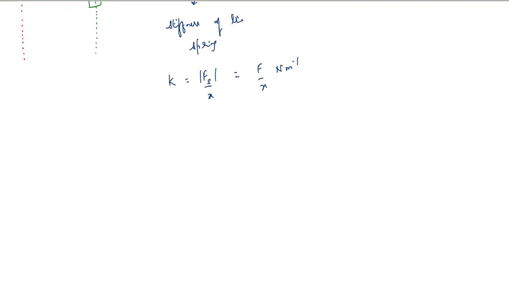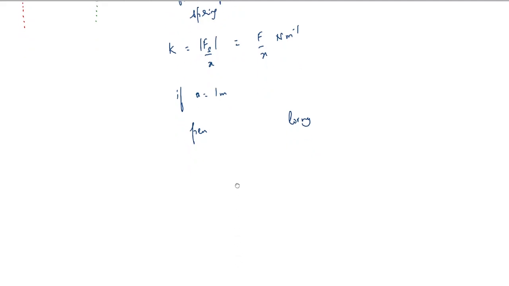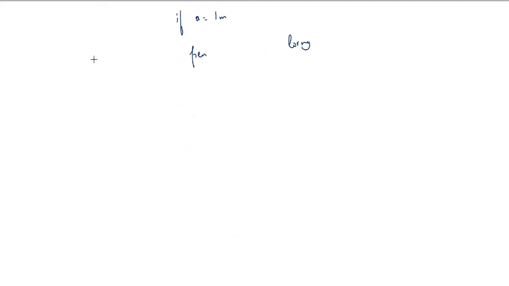Now to understand what k means, let's take x equal to 1 meter and consider two different springs. Let us consider a spring used in, say, a pen and a spring used in, say, a lorry. We have seen that the spring used in a lorry would be very thick, something of this kind.